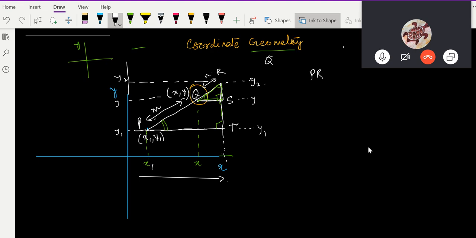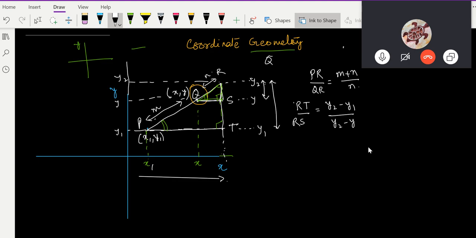PR by QR, we calculated that it is m plus n over n. And now we are trying to calculate RT upon RS. RT means this distance, y2 minus y1, and RS is y2 minus y.